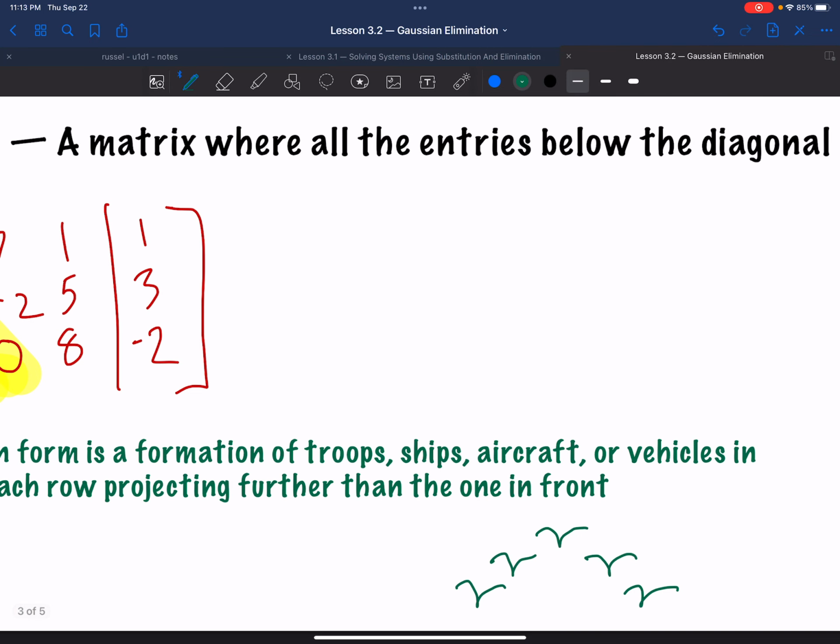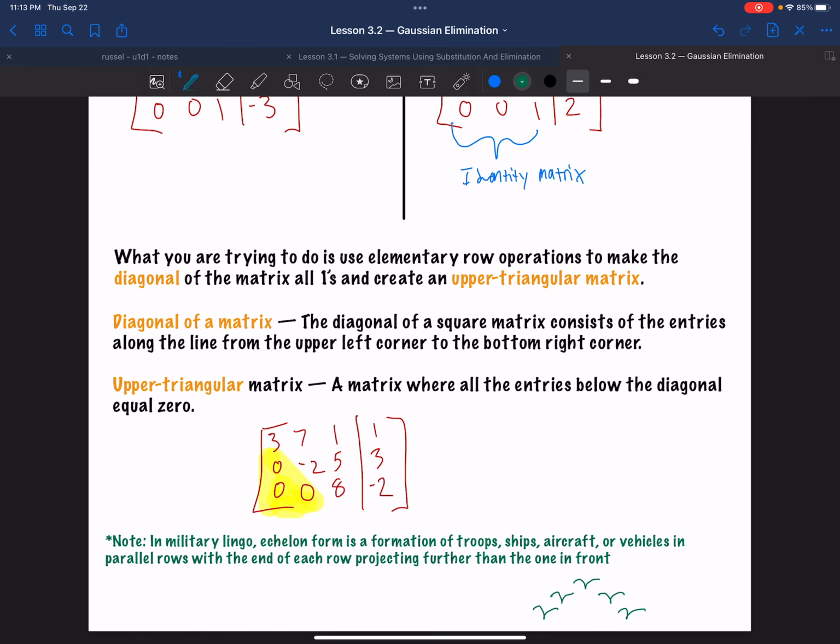Birds fly in that kind of formation. Same goes for aircraft. You'll see planes, right? Fighter jets do that. Sometimes troops do, right? Ships, vehicles, all that kind of stuff. So that's why we call it echelon, because it's like the birds are arranged diagonally. It's diagonally a thing of ones. So that's why we use this word echelon.